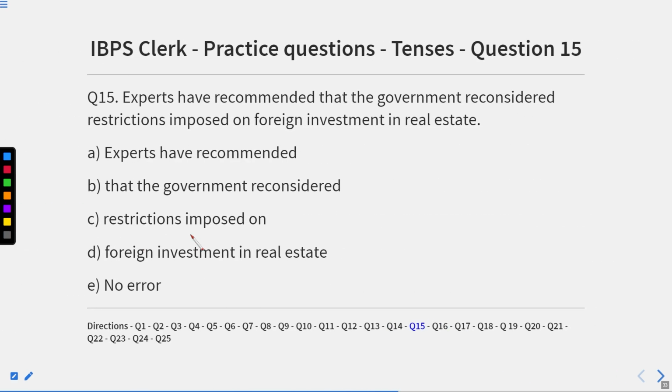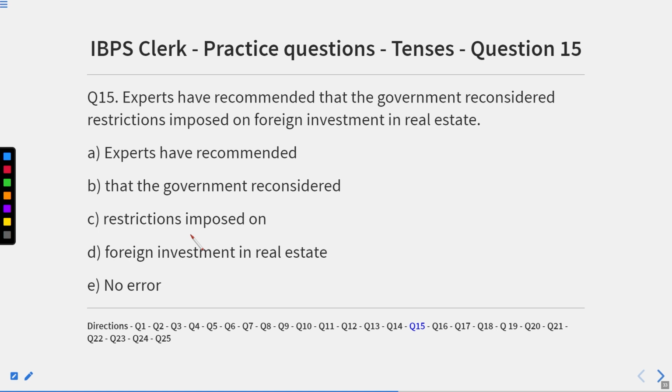Experts have recommended that the government reconsidered restrictions imposed on foreign investment in real estate. Now here it is written experts have recommended, what? Recommended refers to when someone suggests something that the government reconsidered. Now reconsidered means the action has already taken place, but here the recommendation is there.